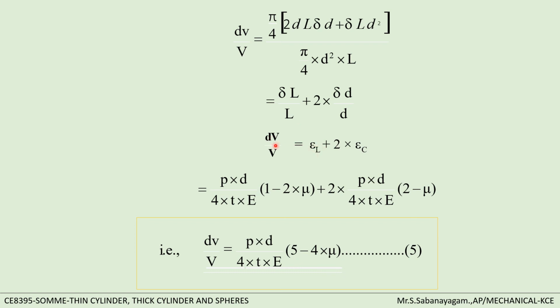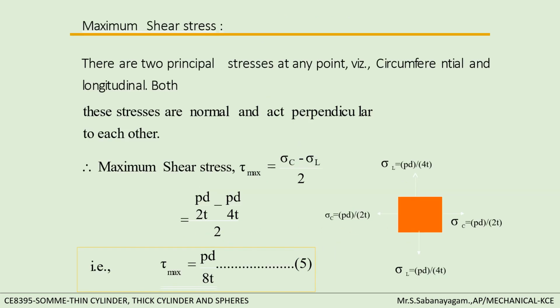So the relation will become dV by V is equal to sigma L plus 2 into sigma C, right? So on substituting the longitudinal strain and circumferential strain formulas, PD by 4TE into (1 minus 2 mu) plus 2 into circumferential strain value PD by 4TE into (2 minus mu), and hence the dV by V will become PD by 4TE into (5 minus 4 mu) from this relation. So this will be the volumetric strain of the given hollow cylindrical block.